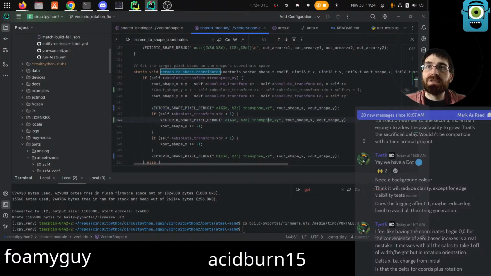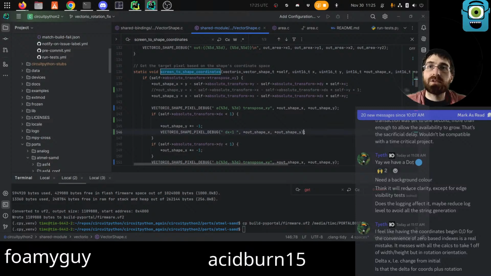Okay, so this is dx less than 1. And I'm actually going to do this after, and we're going to print the out shape. Might as well just print both, even though only one of them changed. Yeah, I think I just did %d earlier. I'm not sure what the 3 does, but... Oops.